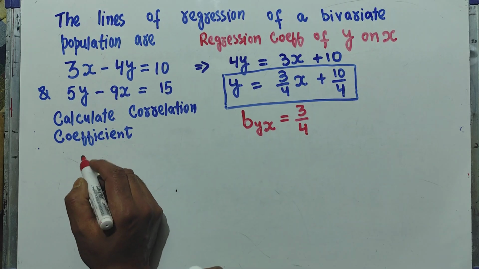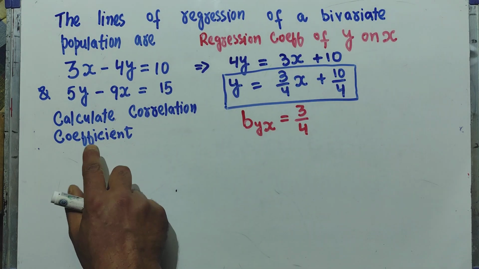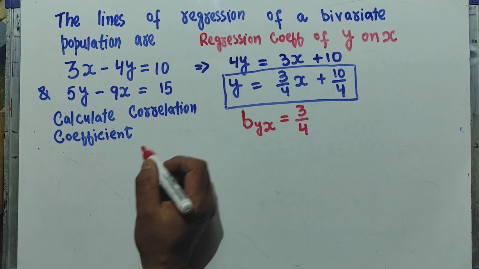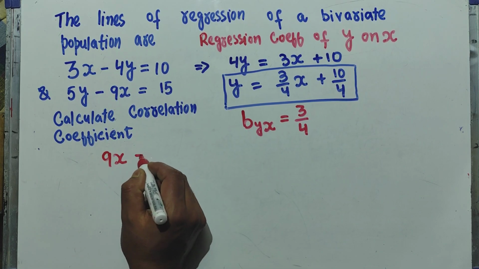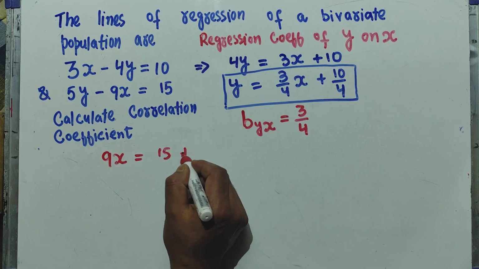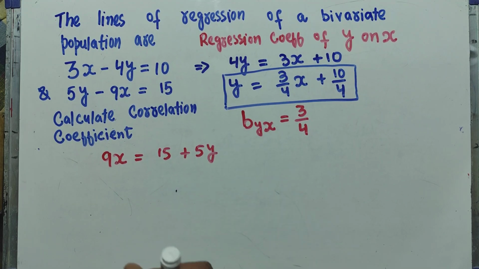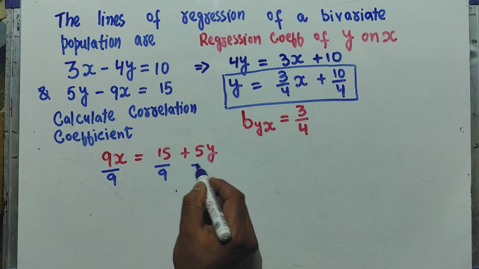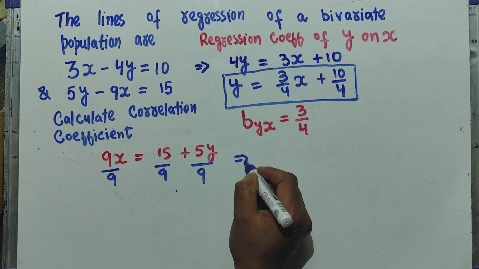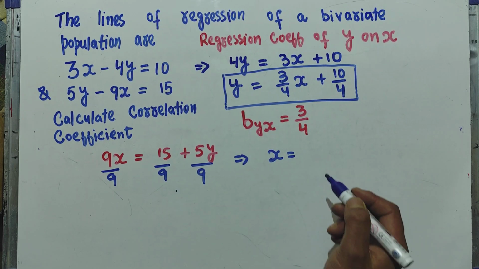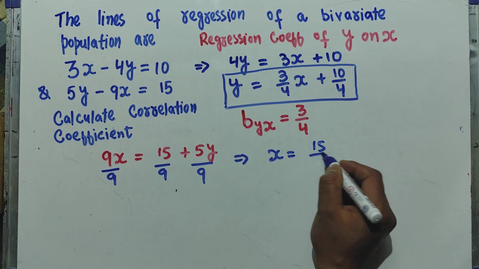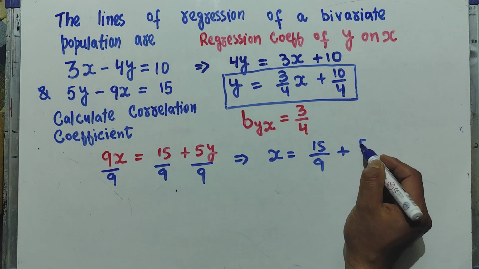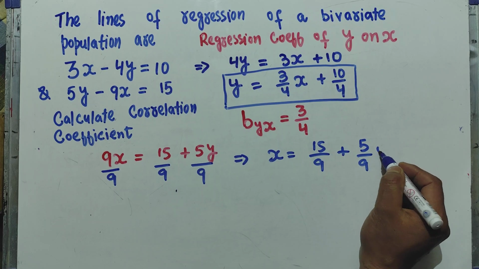For the second equation, we have 5y. Let us solve it for x. So we have 9x is equal to 15 plus 5y. Dividing both sides by 9, we will get x is equal to 15 upon 9, which shows the intercept, plus 5 upon 9 y.